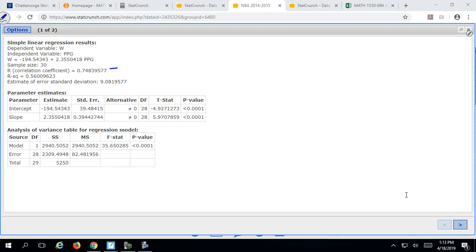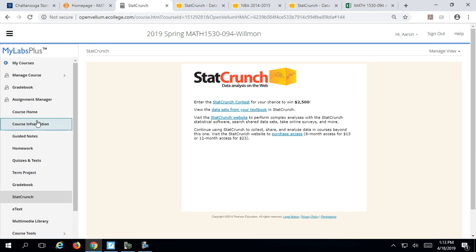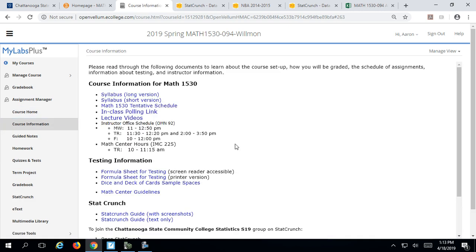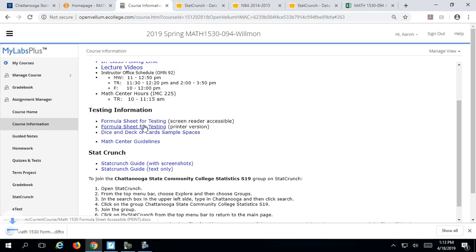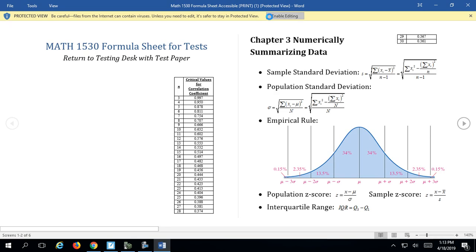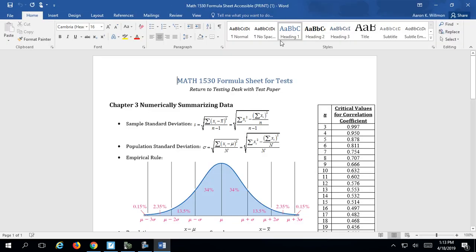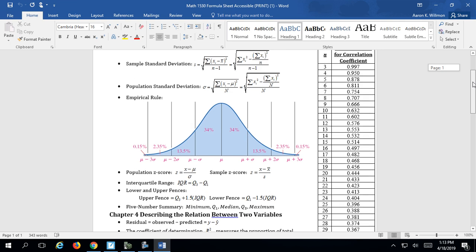So how do we know that that's good enough? We have a table of critical values, just like we did for the QQ plot. So I know it's in the formula sheet. So this is the formula sheet that you're using on the test, okay?